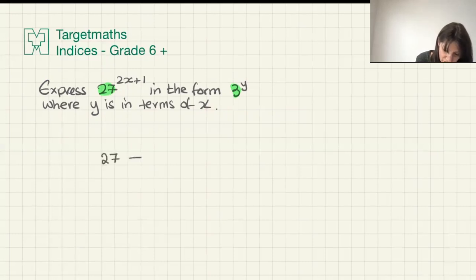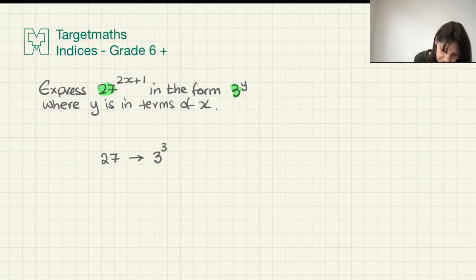27, I have got to get to base 3. I need my bases to be the same if I'm able to use any of my power rules. So to get 27 in base 3, I need to take my 3 and raise it to the power 3. 3 times 3 times 3 is 27.